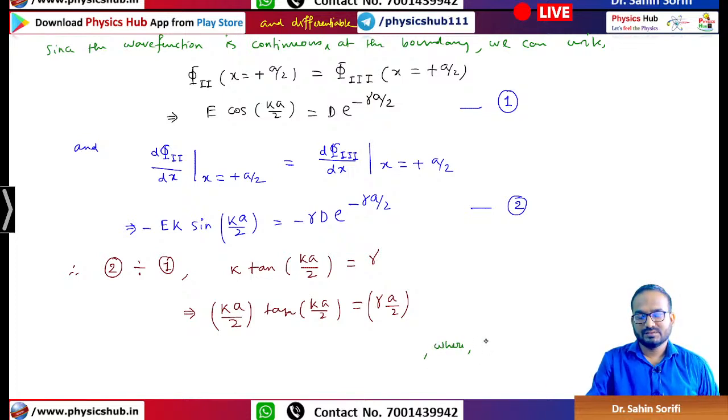One is eta, let's say gamma a by 2, and xi is equal to ka by 2.